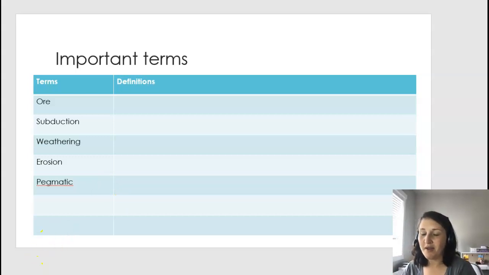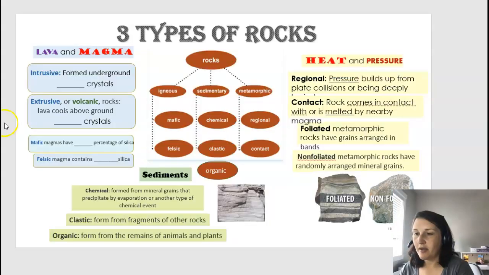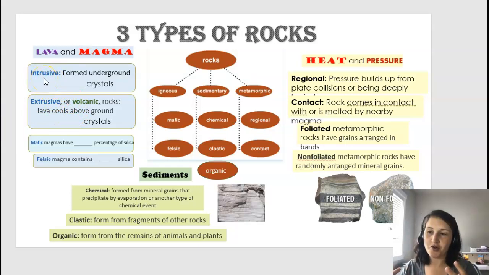Pegmatic rocks form when igneous rocks cool very slowly and we get large crystals. So I'll just jump back up there because we talked about a different term. Extrusive and intrusive. So you would expect an intrusive igneous rock that forms large crystals could also be called a pegmatic rock.